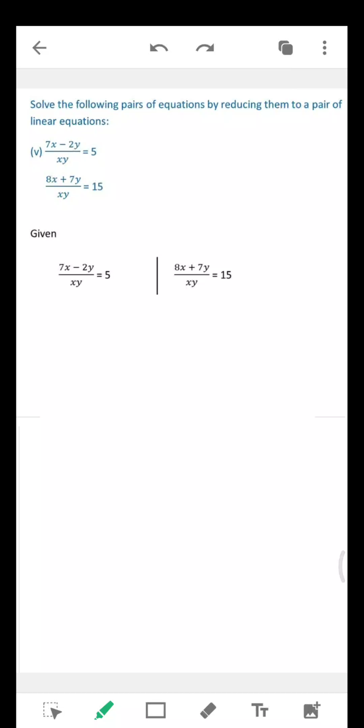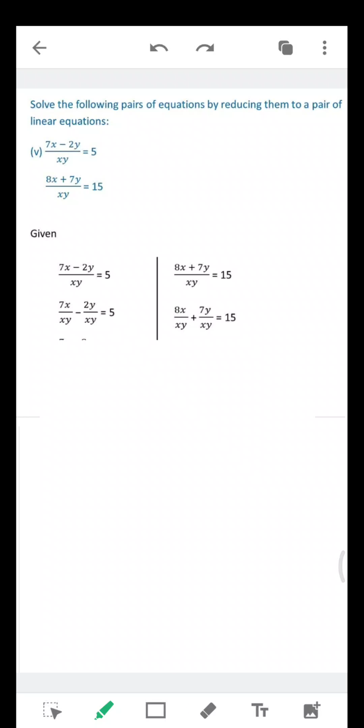Now I'll try to reduce them to a pair of linear equations. For that I can split it: 7x minus 2y by xy and 8x plus 7y by xy I can write in this way. So I have split that into 7x by xy minus 2y by xy, and 8x by xy plus 7y by xy.